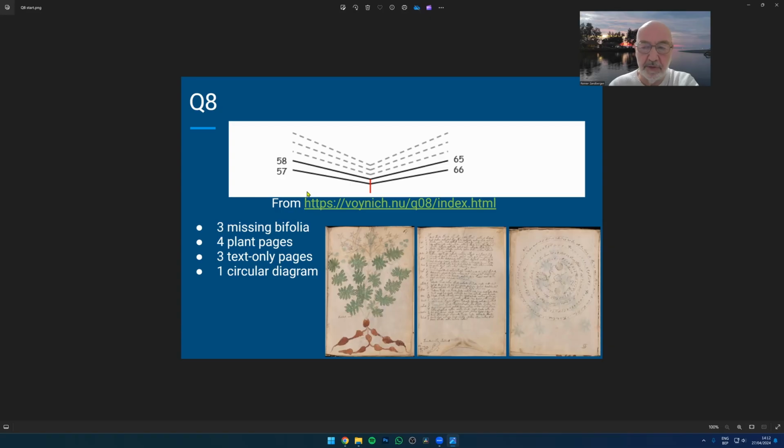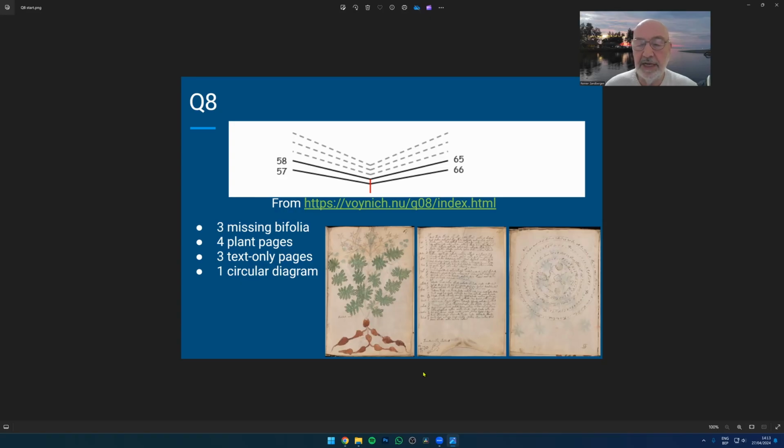If you start from the beginning, then you have 7 quires that all consist of 4 bifolios. Now this is quire number 8. And here you just have 57, 58, 65, 66. So you know that 6 folios, or 3 bifolios, are missing. So that means somebody else knew in the past that these were missing, or maybe they existed and were lost at a later point.